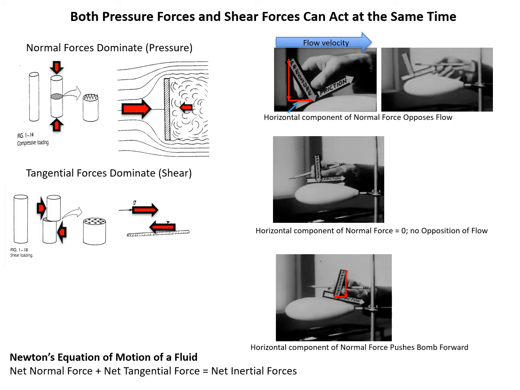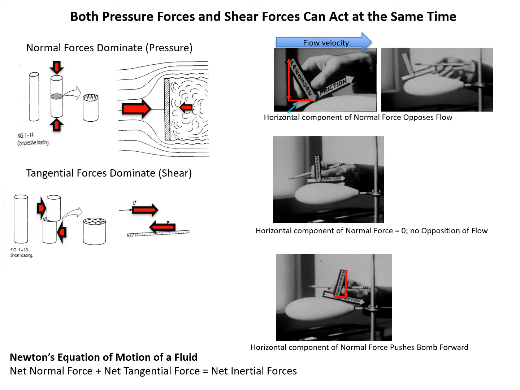And the relative importance of these forces depends very much on the shape and where you're looking at the shape. So for example, on the left-hand side, I've shown an illustration of a flat plate where the broad side of it is facing into the fluid.